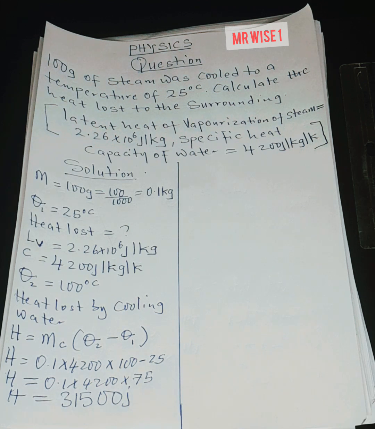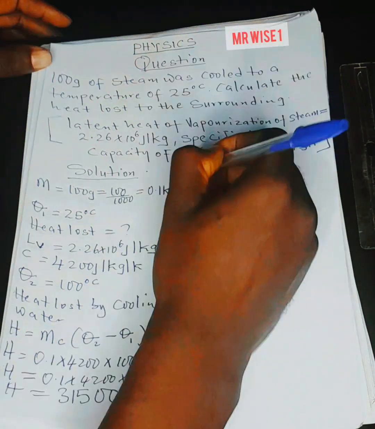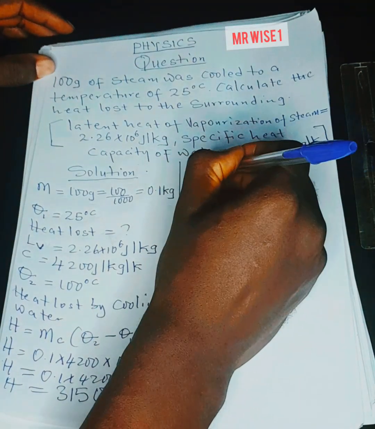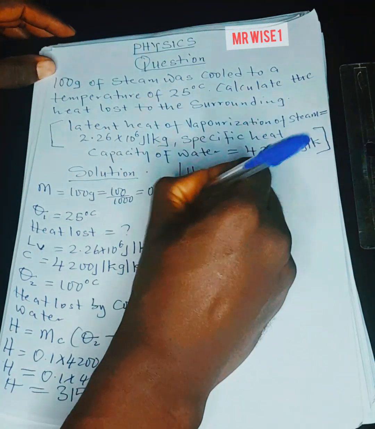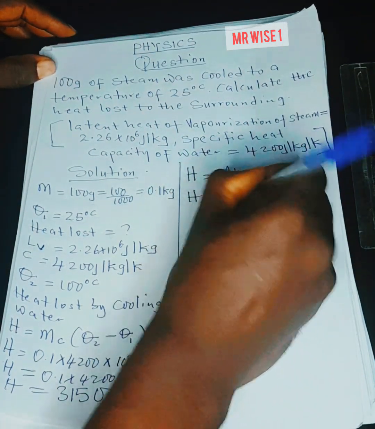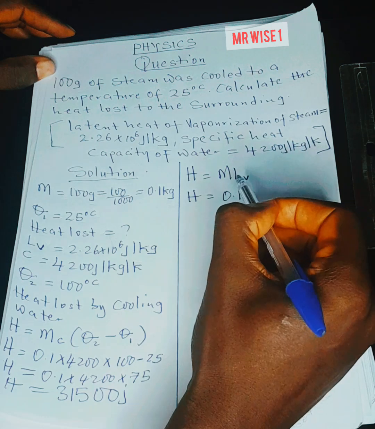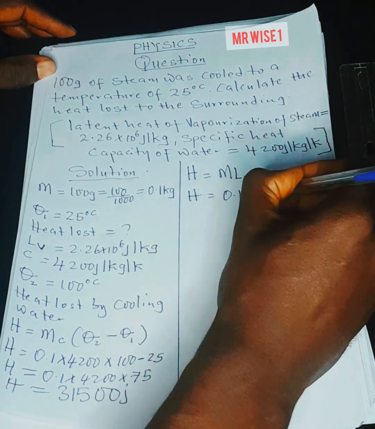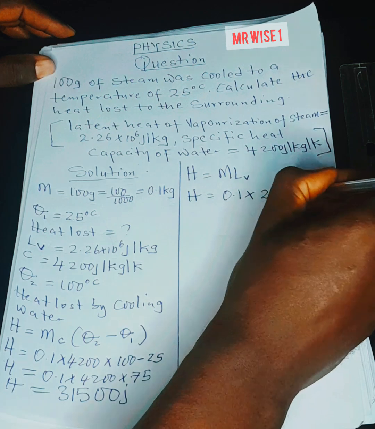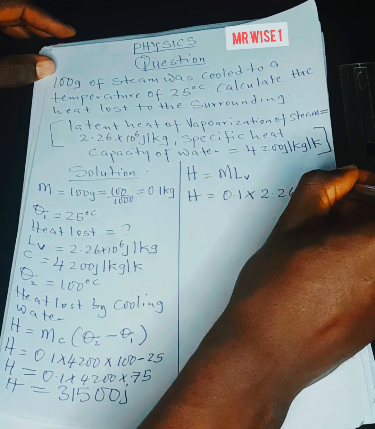So I'm done looking for the heat loss by the cooling water. The next thing is the heat loss by the latent heat of evaporation of steam. My H is equal to MLV. So my H is equal to my mass, 0.1, times my latent heat of vaporization of steam, which is 2.26 times 10 raised to the power of 6.